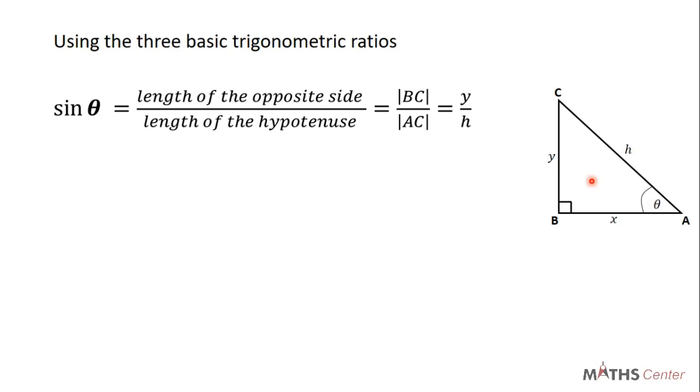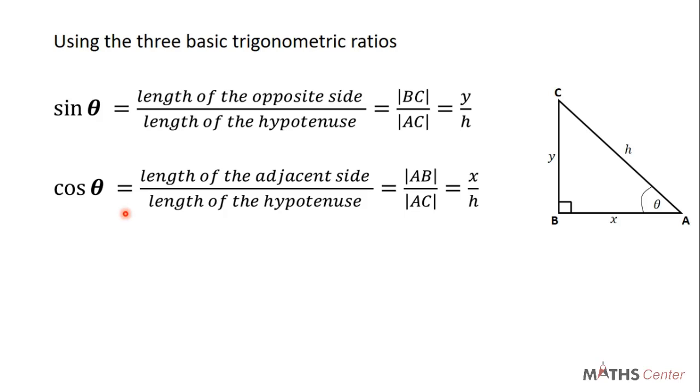So here the opposite side is Y, the hypotenuse is H. So sine of theta is equal to Y over H. With this, we can find theta. We will learn how to do that.